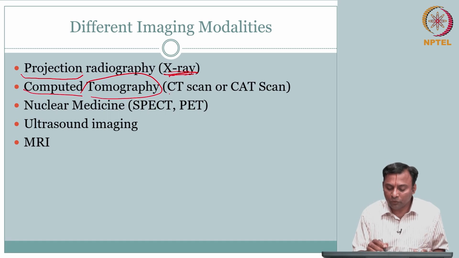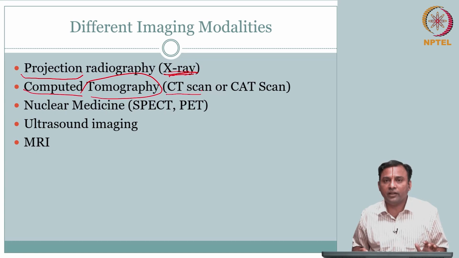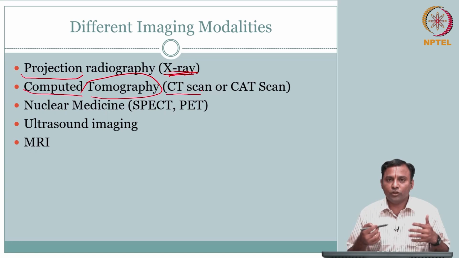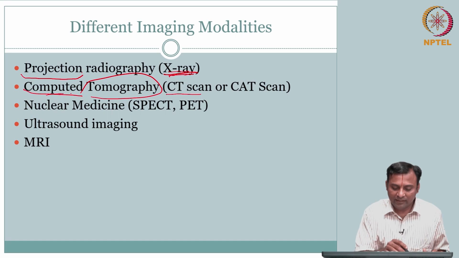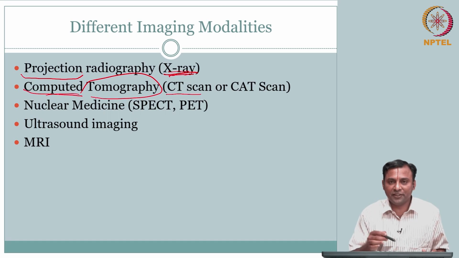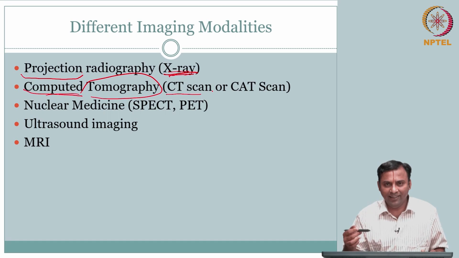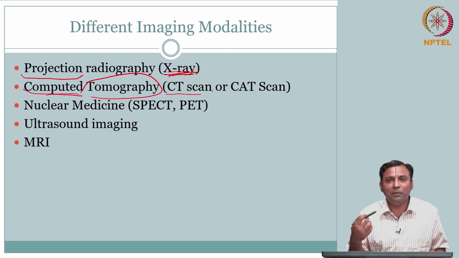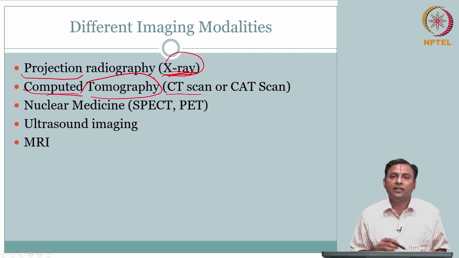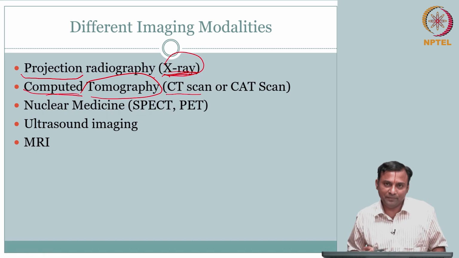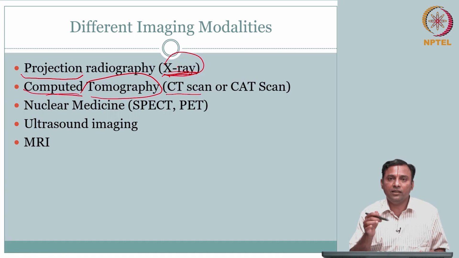People call it CT scan or CAT scan, but most of the time, if they say just CT or CT scan, they implicitly mean X-ray based computed tomography, because of its popularity. The signal of interest, the probing signal, is X-ray.